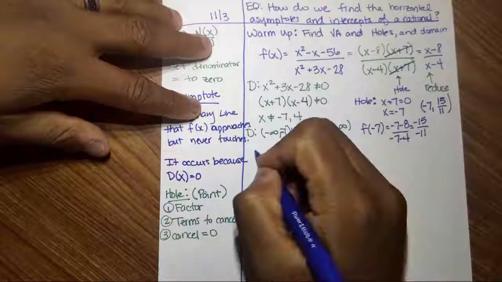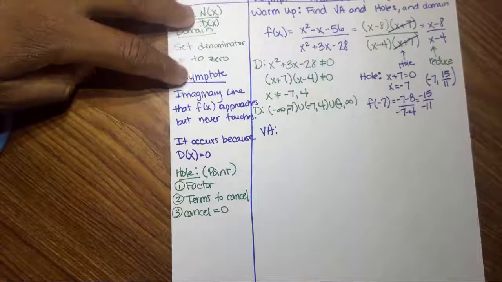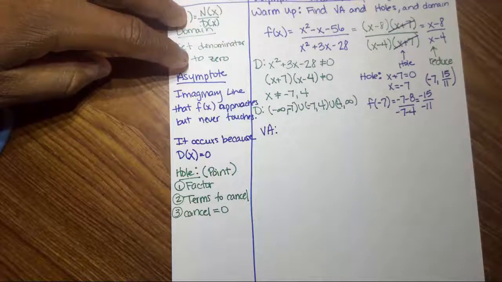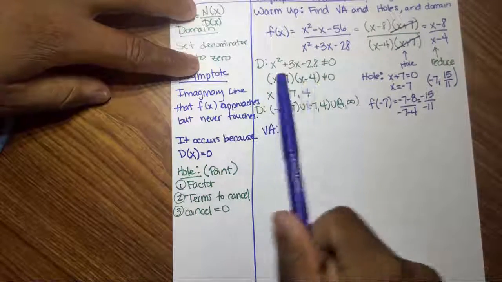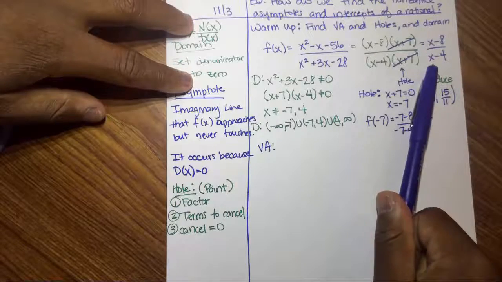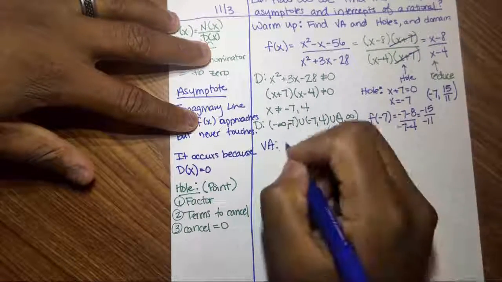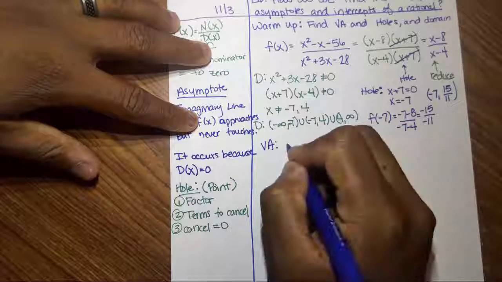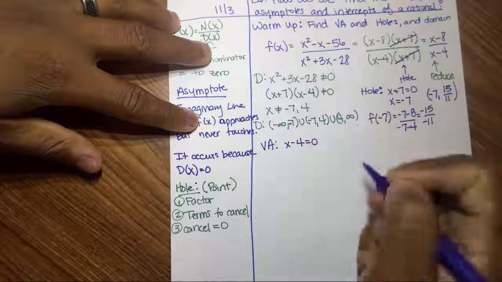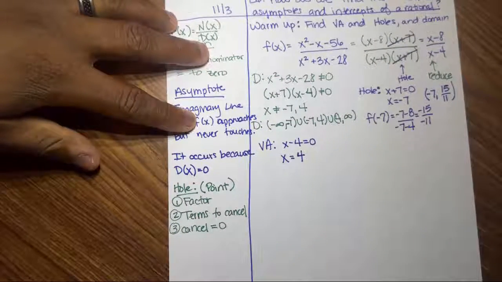And then the last step is to find the vertical asymptote. How do you find the vertical asymptote? Now that we found there was a hole here and canceled it out, you can look at your reduced form and set the denominator equal to 0. So to find the vertical asymptote, you say x minus 4 is equal to 0. x is equal to what? 4.